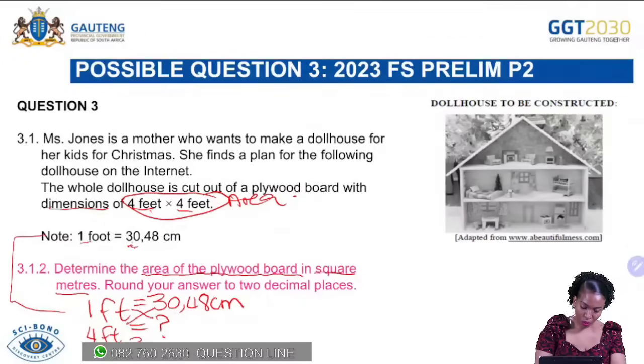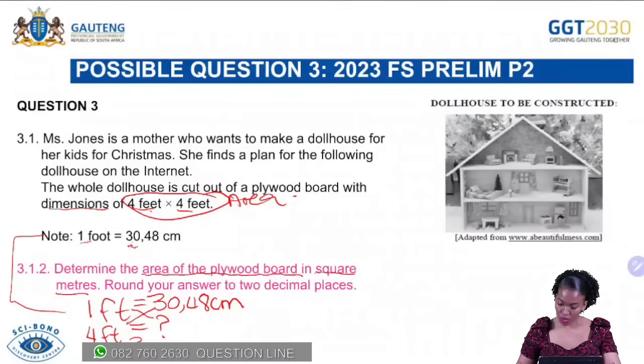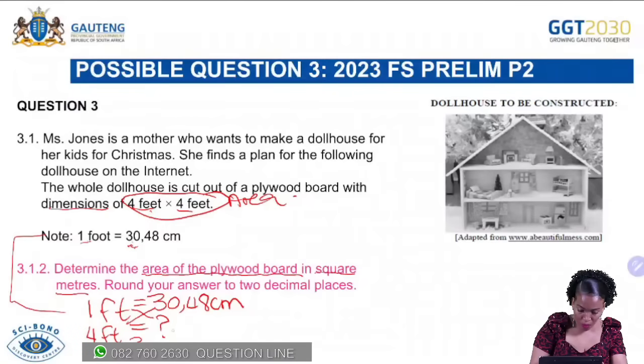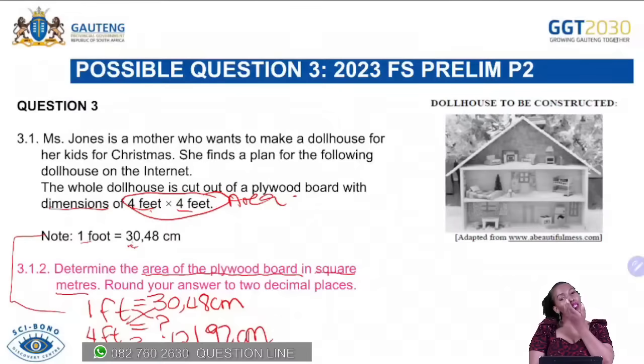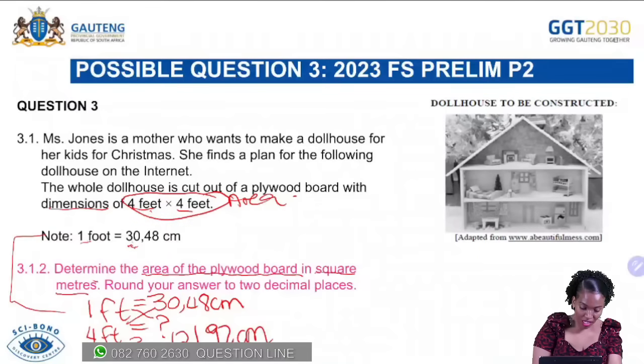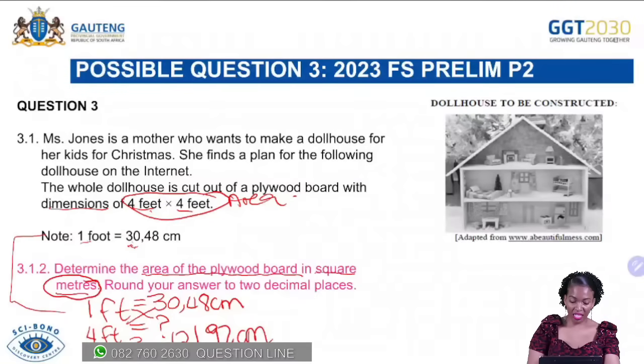Then our question mark would be equal to, you take out your calculator, you say 4 multiplied by 30.48, and then it gives us the answer of 121.92. But remember, this is in centimeters, but in our question, they want square meters.